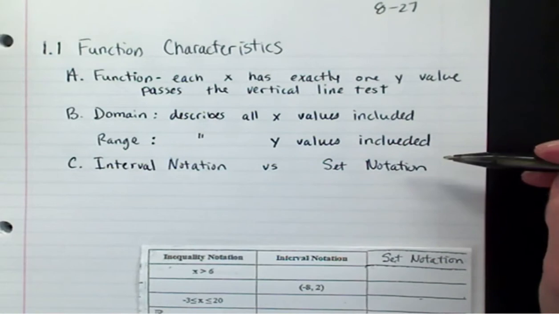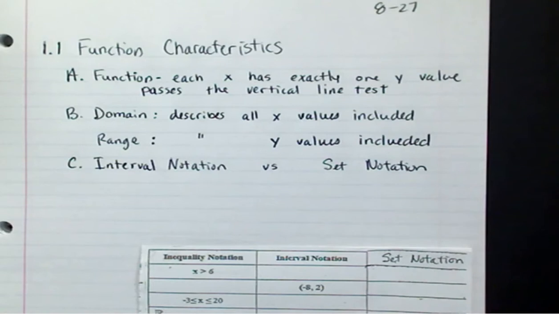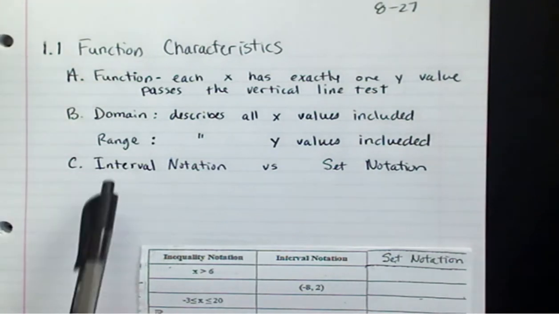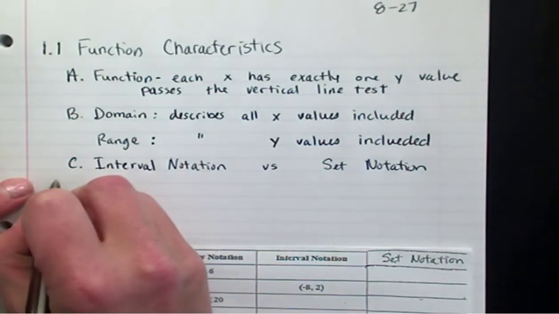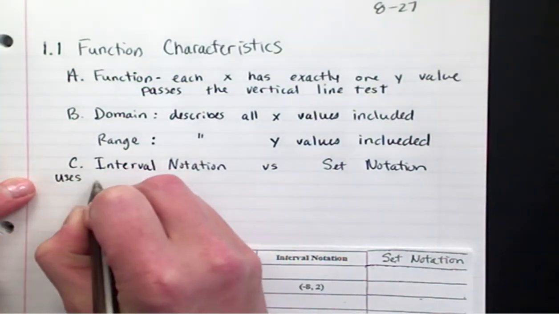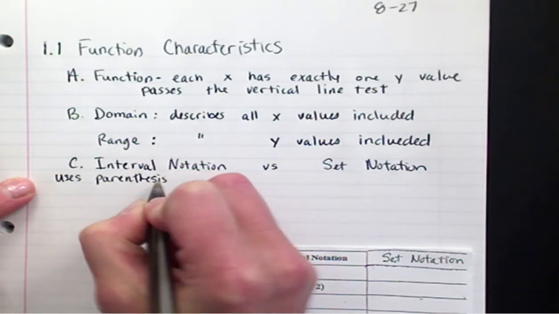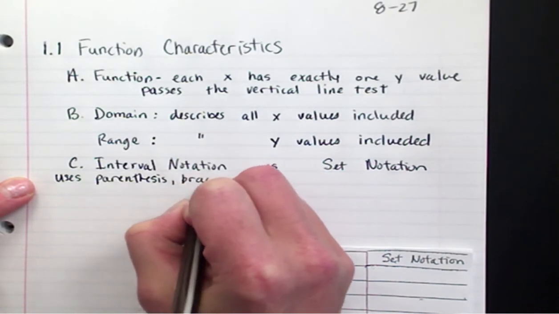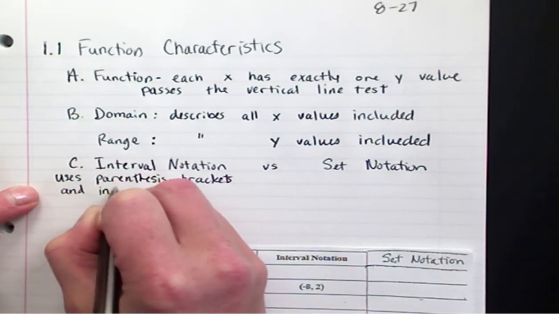Now you may or may not have been introduced to interval or set notation, so we're going to go over a few of the ways to write it, and this is how you're going to describe domain and range. You're going to use interval or set notation. Interval notation uses parentheses, brackets, and infinity.